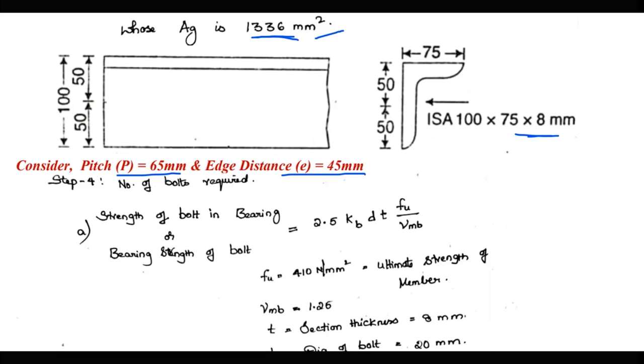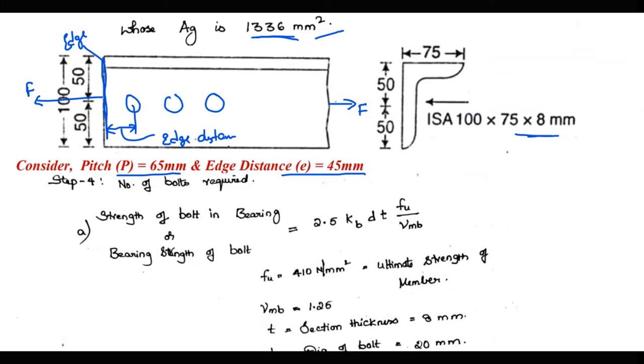And let me just tell you here, see, if there are some bolts here, this is the direction of force F, the tensile force F. From the first bolt to the edge is what we call the edge distance, and the center to center distance between two bolts along the direction of the force is called p, which is equal to pitch.